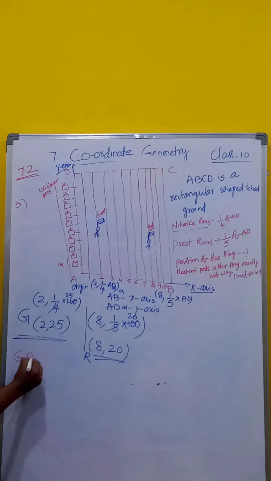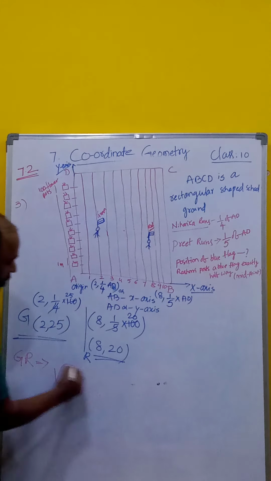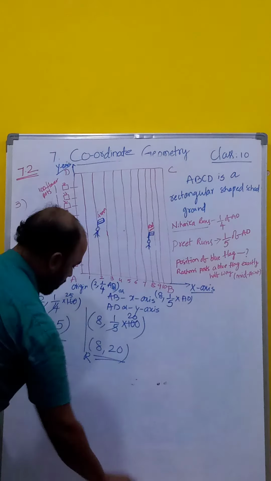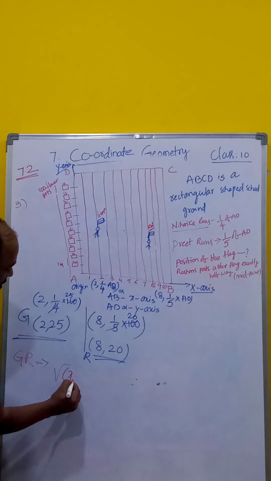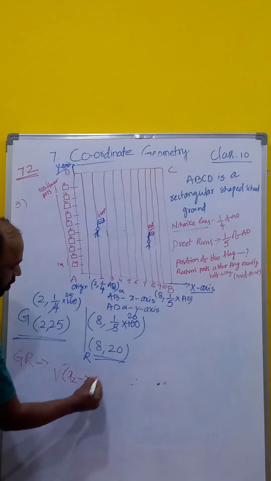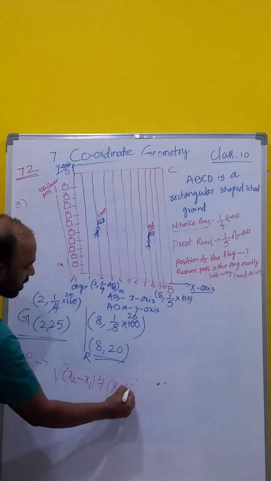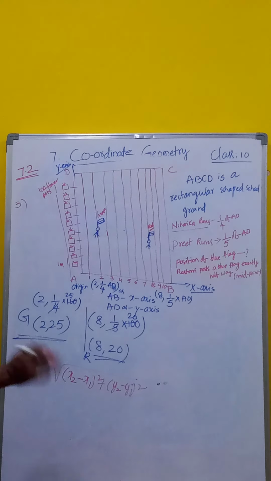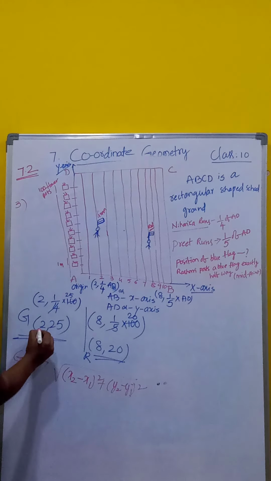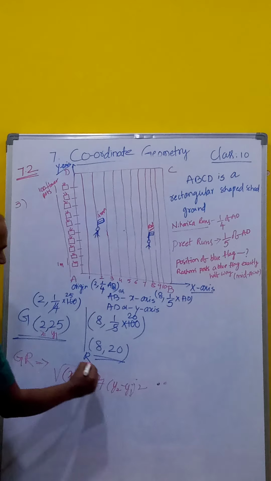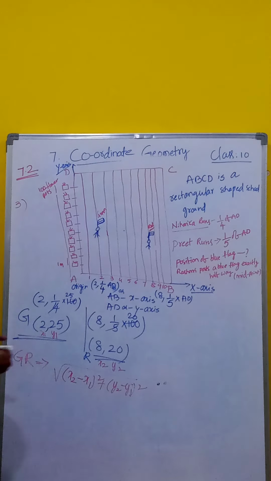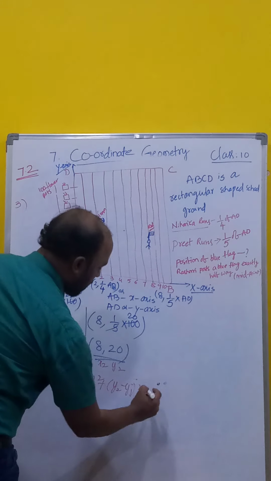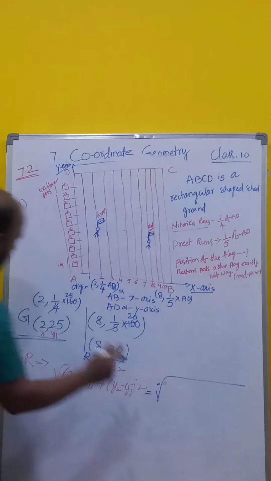GR: we know the distance formula, under root of x2 minus x1 whole square plus y2 minus y1 whole square. You can also use x1 minus x2 whole square plus y1 minus y2 whole square. Here G value is x1, y1 and R value is x2, y2. Directly applying this.